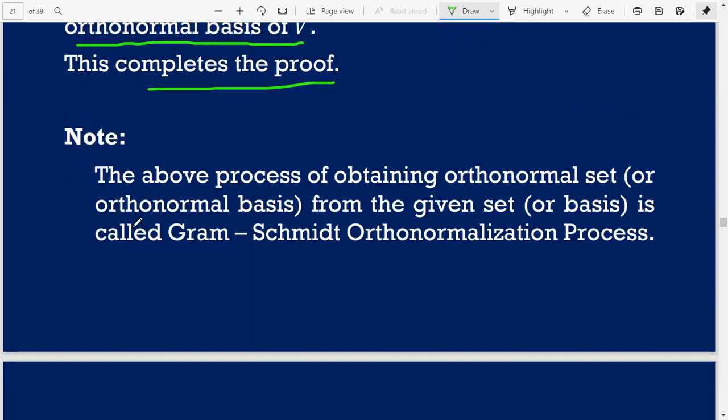Now the note. The above process of obtaining an orthonormal set or orthonormal basis from a given set or basis is called the Gram-Schmidt orthonormalization process.